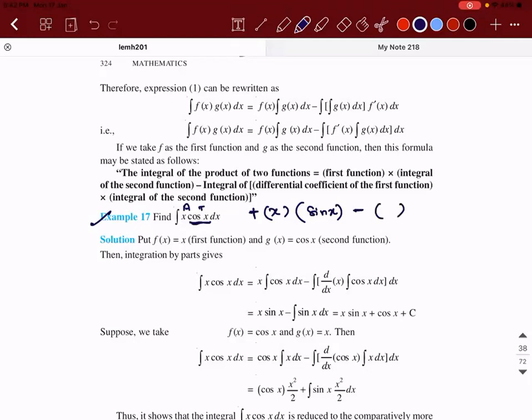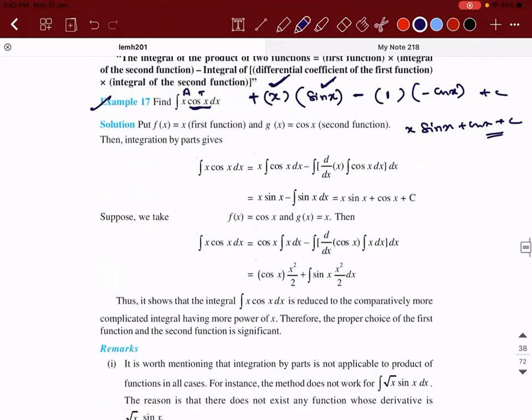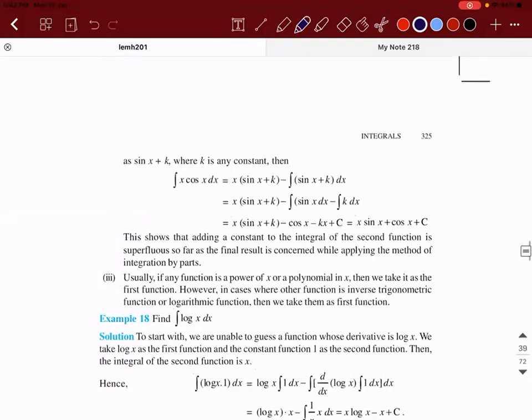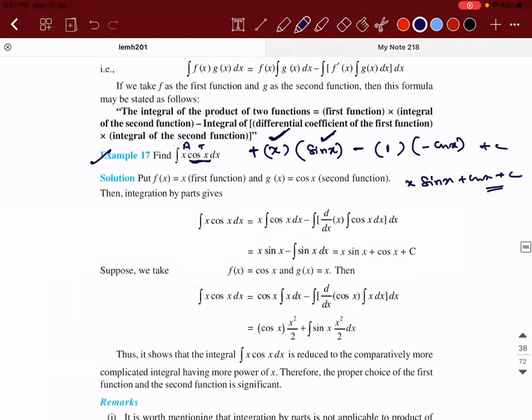Minus, put a bracket in which you will differentiate this. Derivative of x is 1 and you will integrate this. Integral of sin x is minus cos x plus c. So x sin x plus cos x plus c is the answer. Okay, sir. Did you understand?